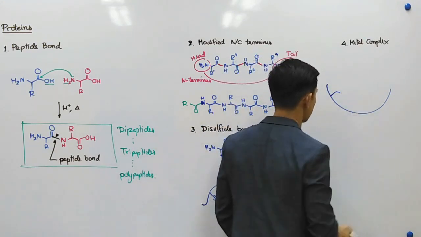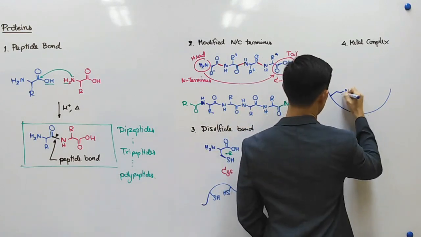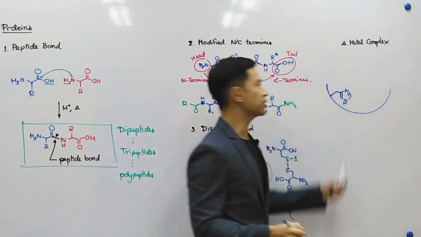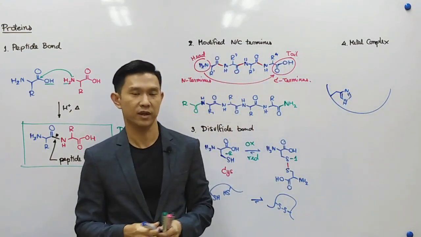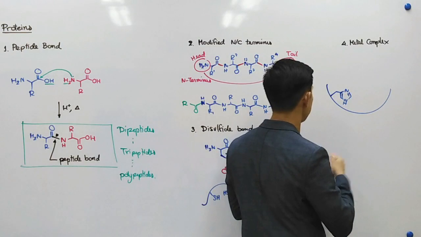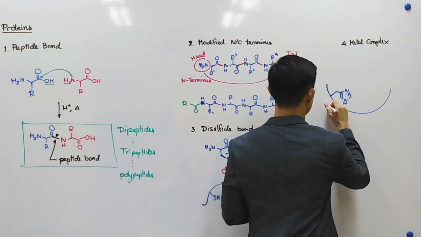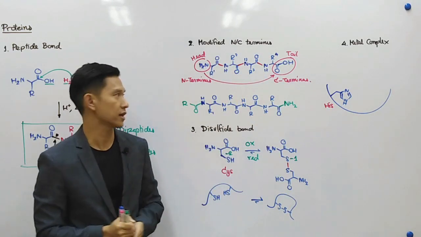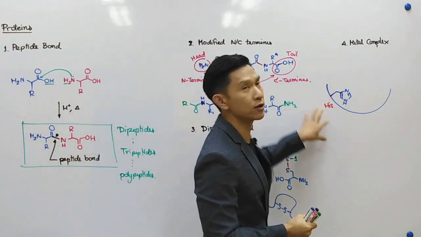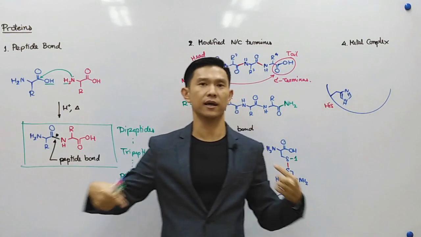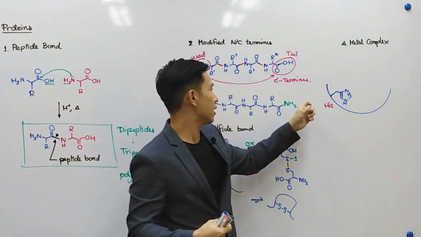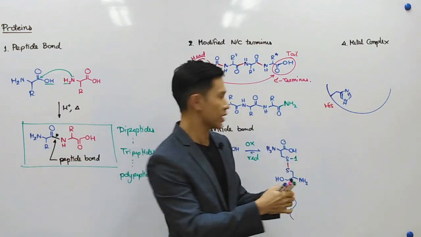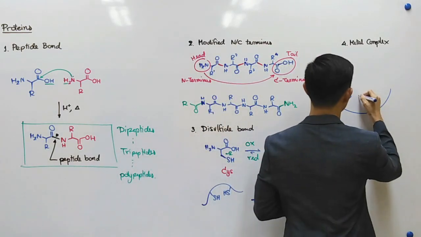May I draw it again? This is called histidine. Okay, this is called histidine. May I draw it as His? This is the R group of histidine. Okay, so if I have several amino acids linked together, making a long chain protein, right? With some of the amino acids in the protein, we have histidine. And maybe we have more than one histidine.